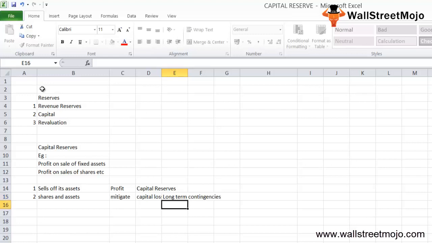This reserve is used for these particular reasons. It has nothing to do with the trading and operational activities that the business conducts. It is created out of non-trading activities, and thus capital reserve can never be an indicator of operational efficiency.